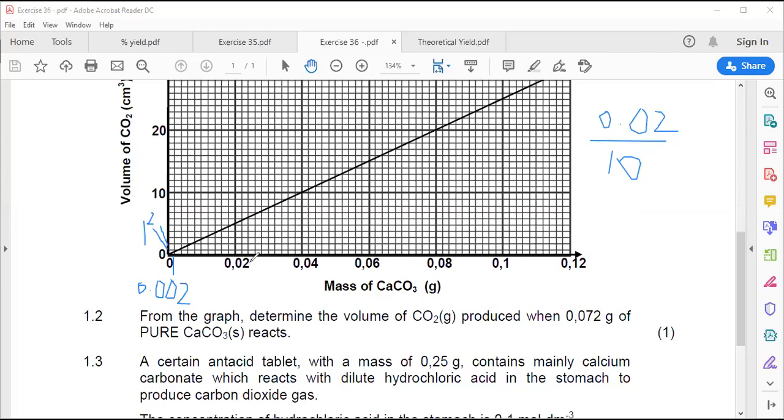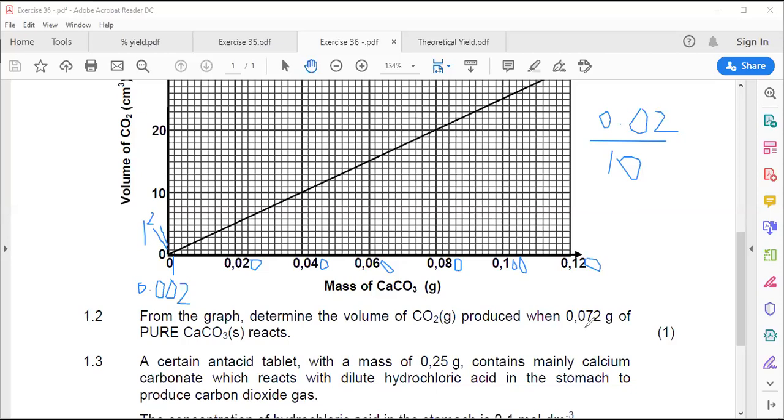This one looks like 0.020, this one becomes 0.040, that becomes 0.060, that becomes 0.080, this one becomes 0.100, and this one becomes 0.120. Just for you to be able to identify this.